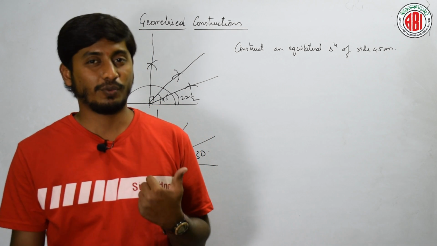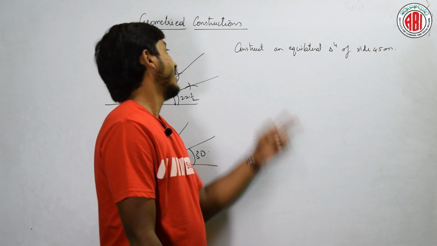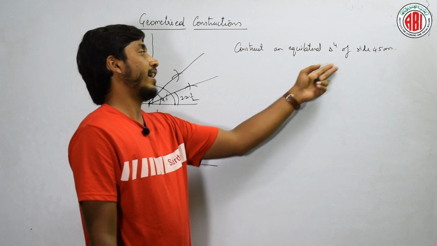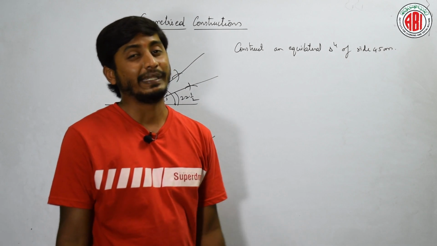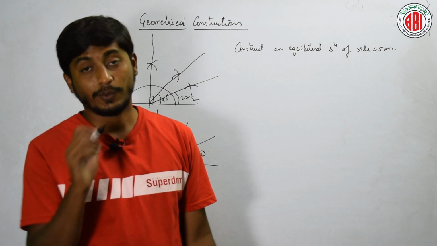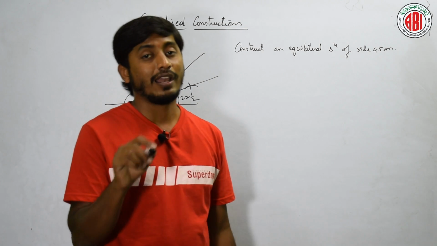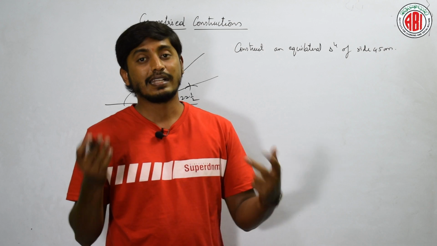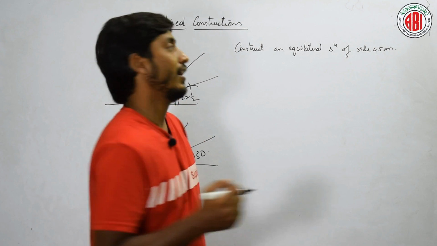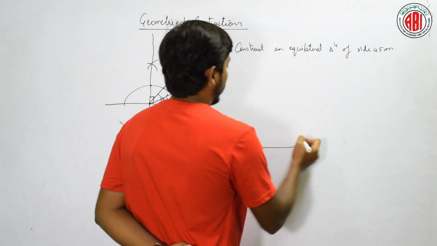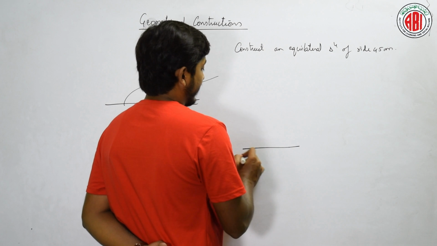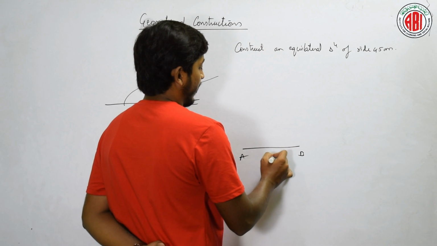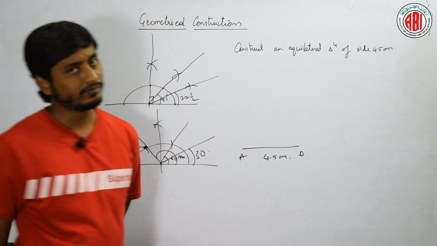Shall we do a problem? Now see here. He is asking us to construct an equilateral triangle of side 4.5 centimeters. Remember, in an equilateral triangle all angles are equal, that is nothing but 60 degrees. Clear? Now the first step is to draw a line segment AB of 4.5 centimeters.